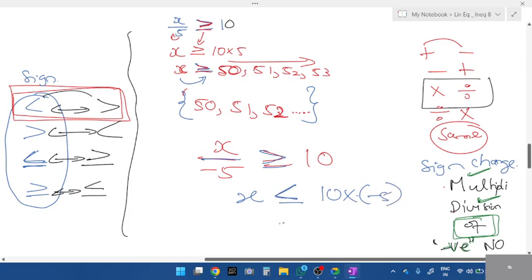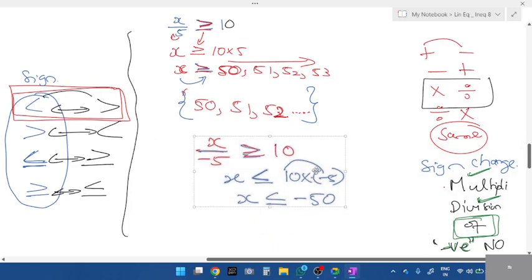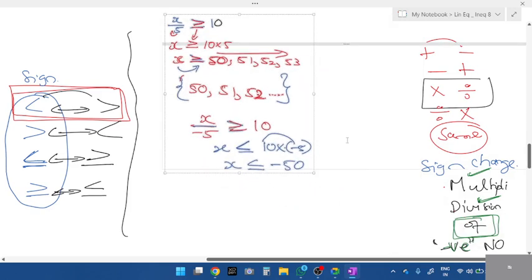What is 10 into minus 5? First multiply the sign. Minus into plus is minus. 5 tens are 50. So what's the answer? X is less than or equal to minus 50.